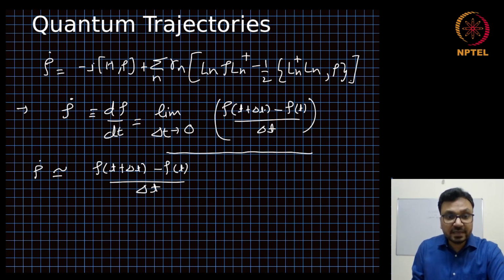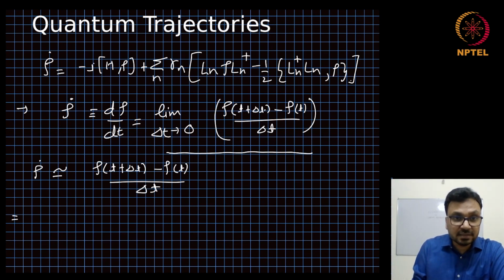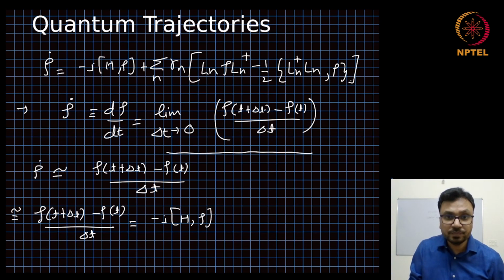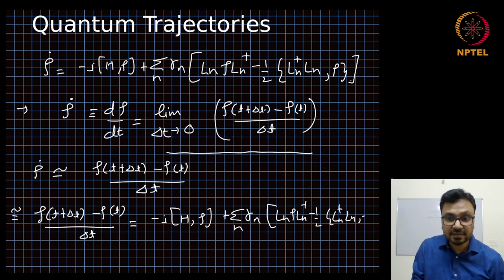Now, using this, the Lindblad master equation can be written as (rho of t plus delta t minus rho of t) over delta t. It's not the same as the Lindblad master equation, but it's close. And this we can write as minus i [H, rho] plus sum over n gamma_n (L_n rho L_n dagger minus half the anticommutator of L_n dagger L_n and rho).